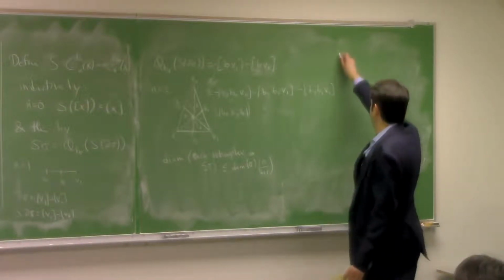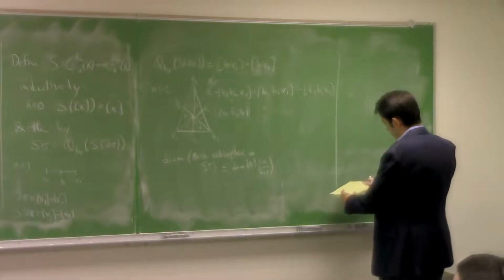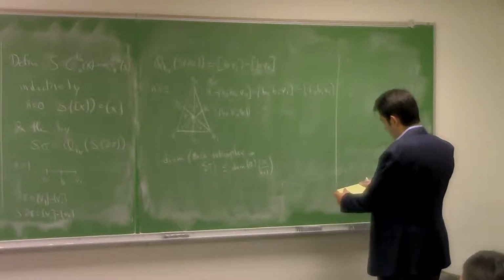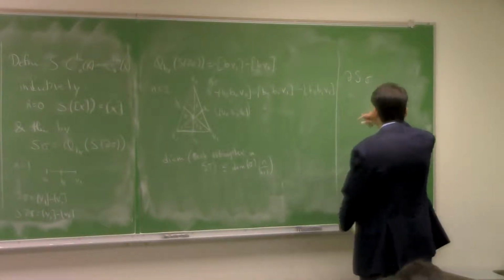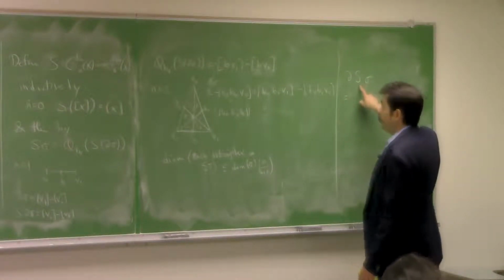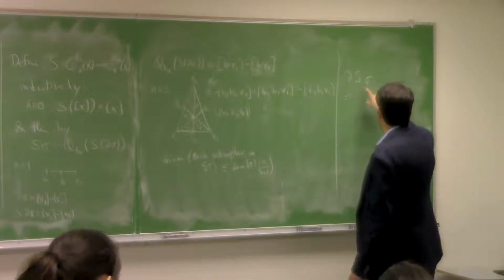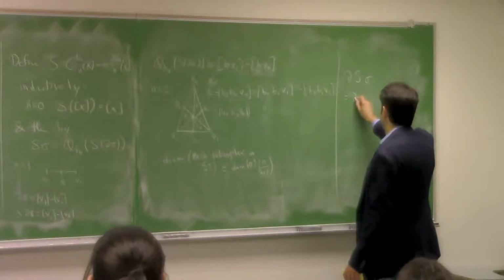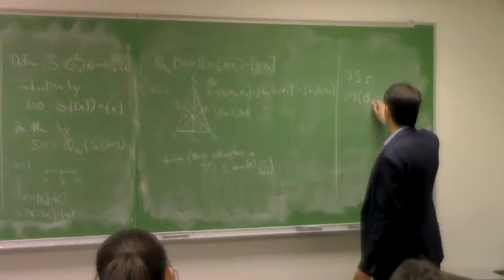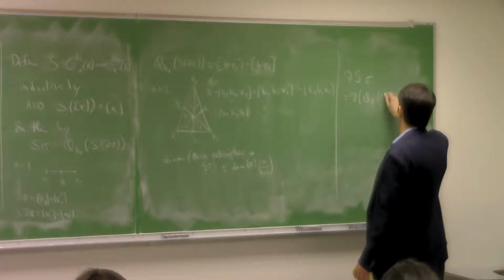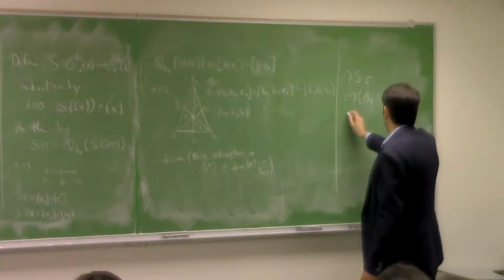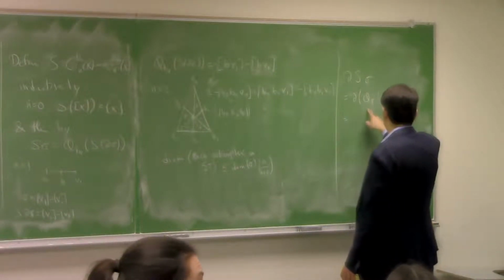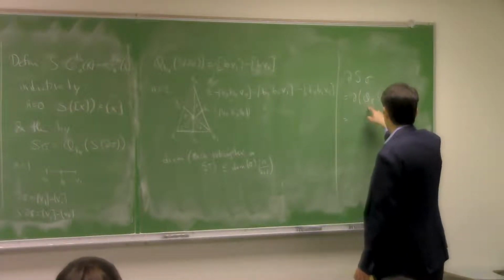Okay. But an important thing to note is what happens when you hit it with the boundary. Okay, well, that's equal to the boundary of Q sigma S of the boundary of sigma. So we know what happens when you hit the boundary.